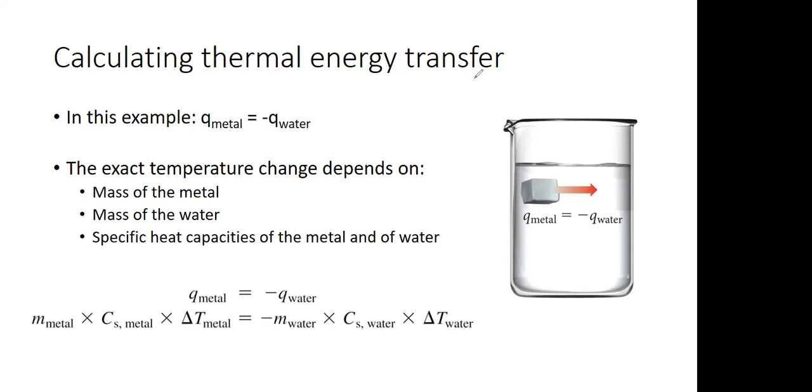So if I have two objects in contact, like metal and water, and they are at different temperatures, I can figure out a bunch of things, like the mass of a metal, mass of water, heat capacities, the change in temperatures, by using this relationship of any heat that is lost or gained from the metal has to come from water if it's an enclosed system. So that was the last problem we worked on Wednesday.